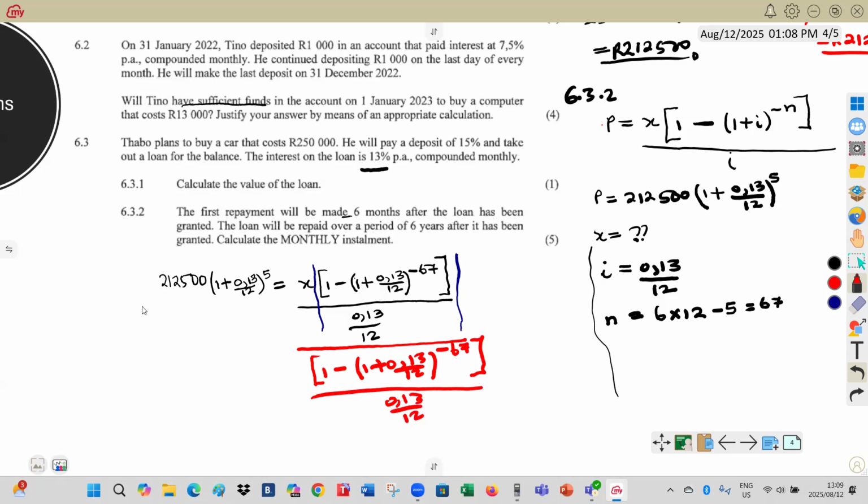You do exactly the same. Take note, this is your denominator, the whole of it. Then you do the same here.